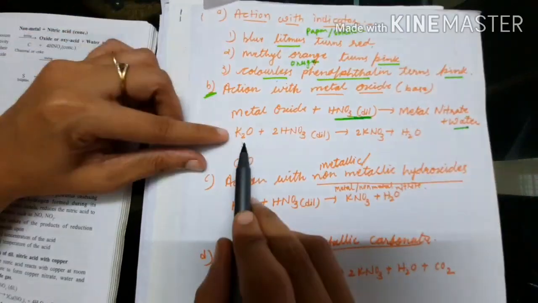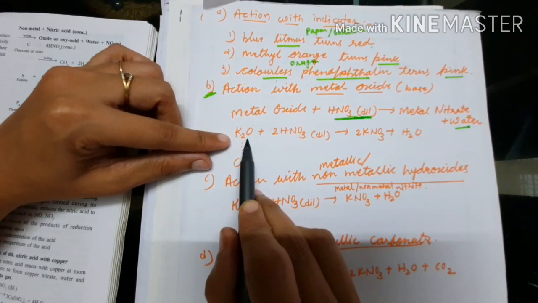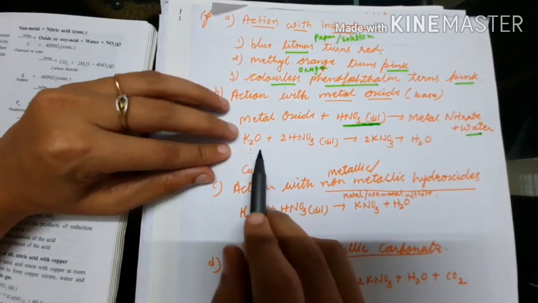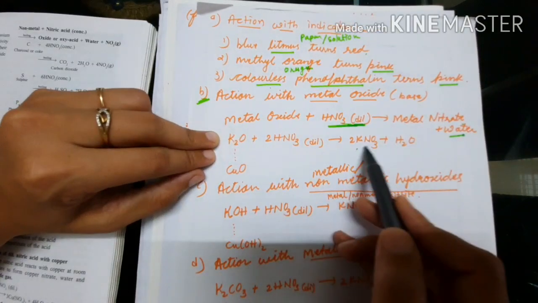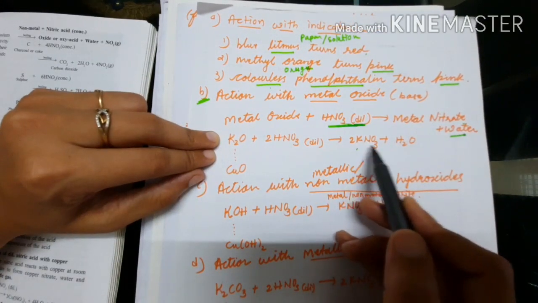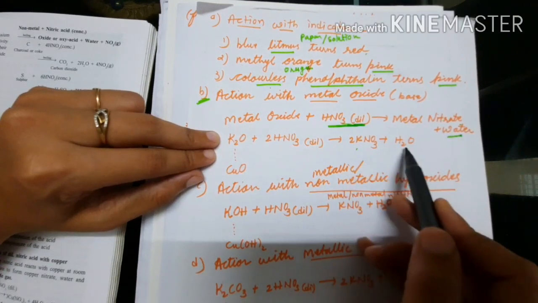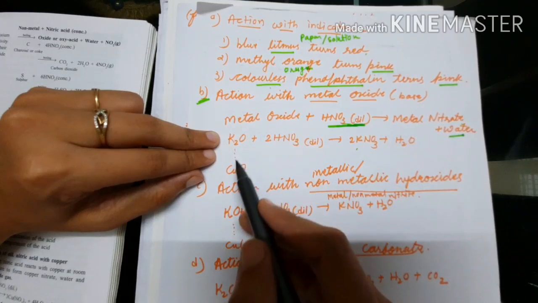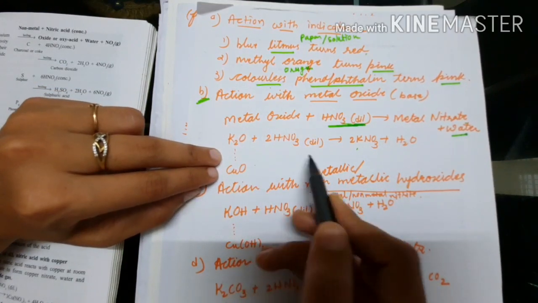Okay, so what happened, this is the metal oxide K2O, you are able to see it here. K2O when it reacts with the HNO3 converts into KNO3, potassium nitrate, and water will be formed. And if we move along the active metal series, then copper oxide also gives the same reaction.